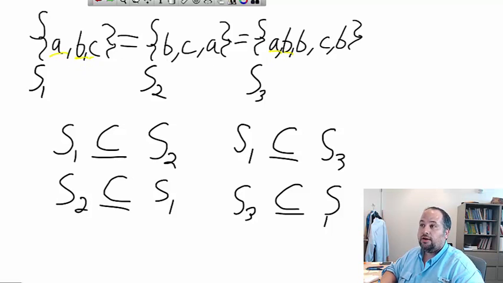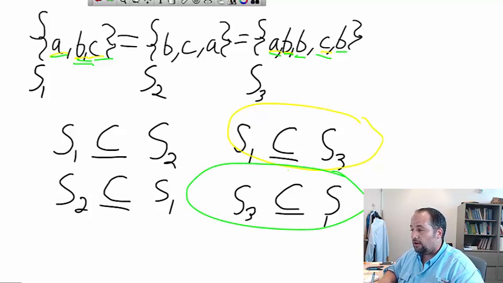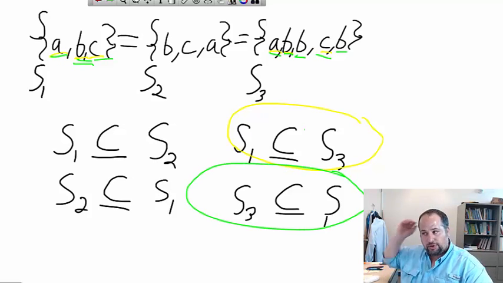Is C from S1 a member of S3? Yes. So that is true. Conversely, is A from S3 a member of S1? Yes. Is B? Yes. Now there's a copy of B, but it's still true. There's C, true, and another B, but again it's still true. So our second claim is true as well.